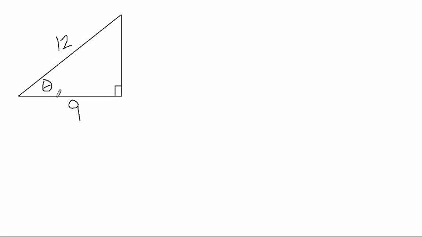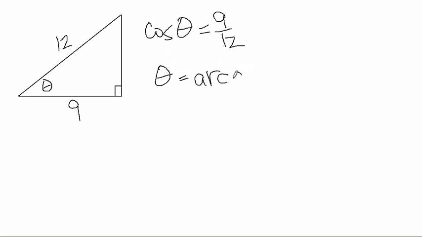One way that you could figure that out is first noticing that cosine of theta is 9 over 12. So therefore, theta is equal to the arccosine of 9 over 12. Or if you want to reduce the fraction, the arccosine of 3 over 4.